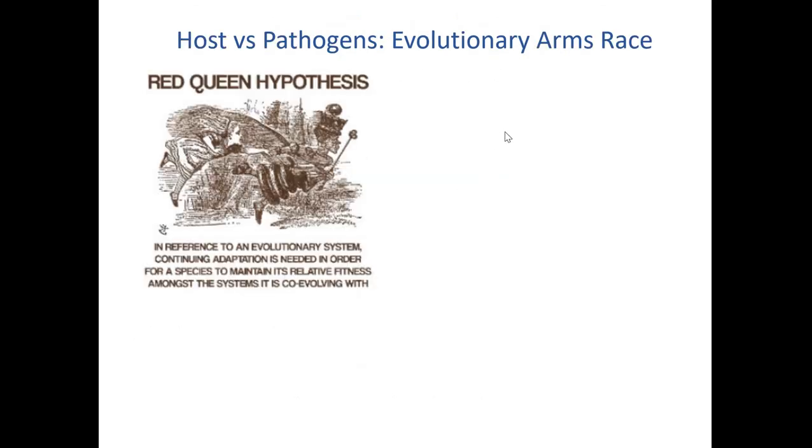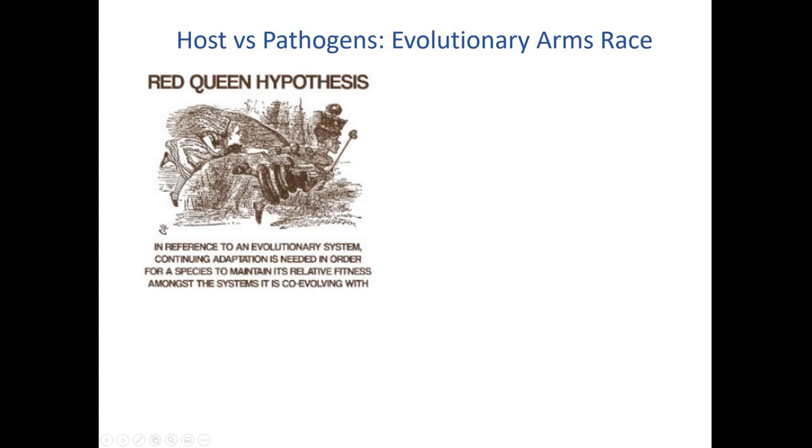So this creates sort of this evolutionary arms race between hosts versus pathogens. And so there's this Red Queen hypothesis that basically states that, in reference to an evolutionary system, continuing adaptation is needed in order for a species to maintain its relative fitness amongst the systems it is co-evolving with. And so why is it called the Red Queen hypothesis?